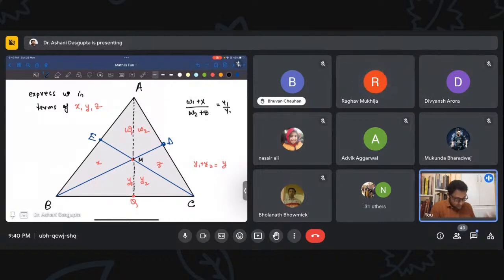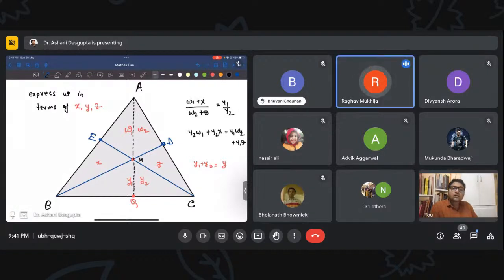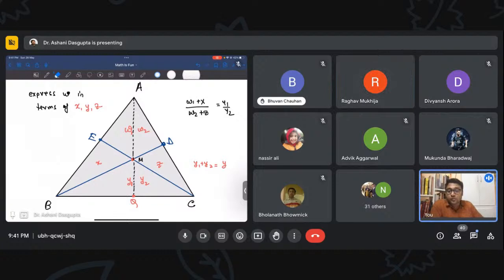Yes. Now we can cross multiply. Right. Now actually what problem did I do? I just assumed it as Y by 2, so I'm into some mess. So that's fine. Okay. Keep on working. That's fine.